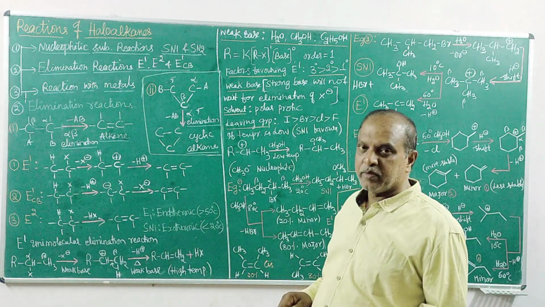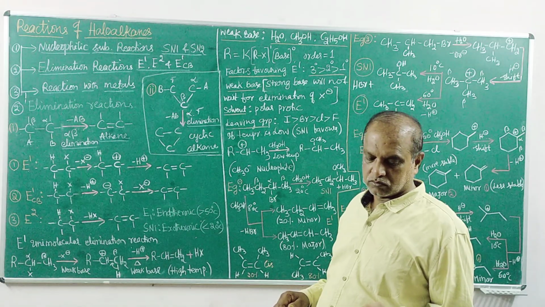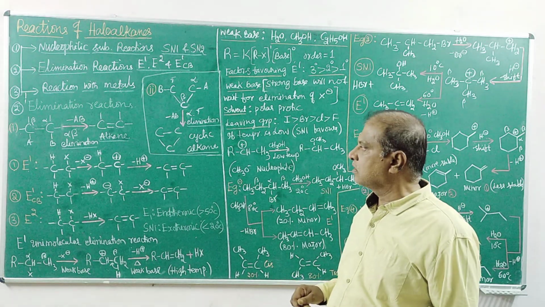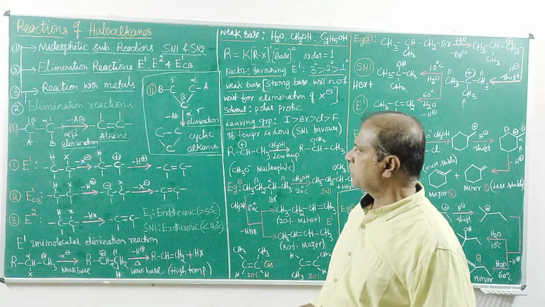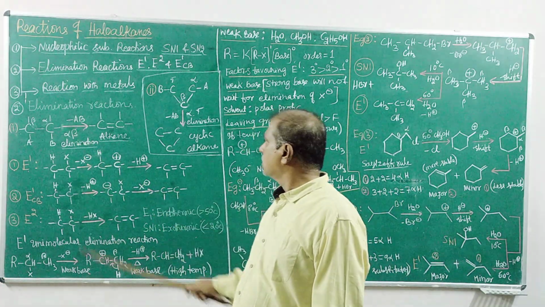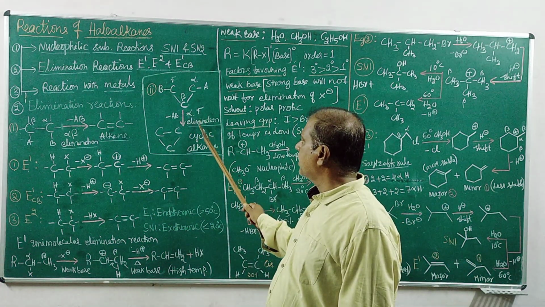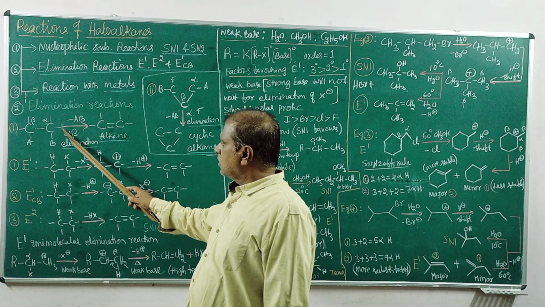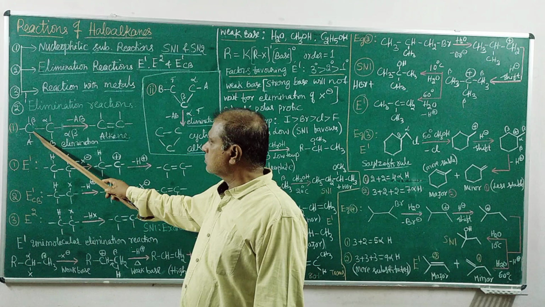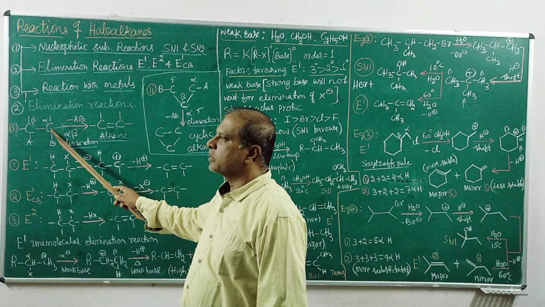What is meant by elimination reactions? Broadly we have two types, that is alpha beta elimination and alpha gamma elimination. What is this? This is a hydrocarbon. These two are adjacent carbon atoms.